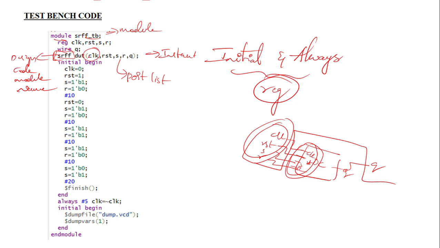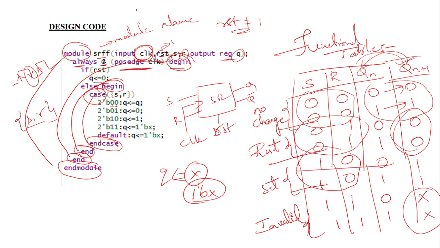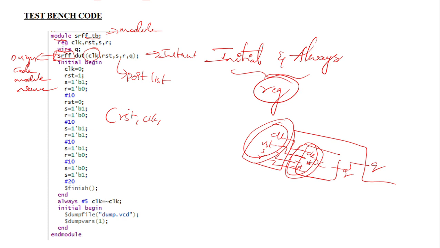Clock is connected to clock. If you write reset comma clock comma like this, then the clock here is going to be assigned to reset, because the first one is clock and the first one here is reset. So you must be careful about port connection.